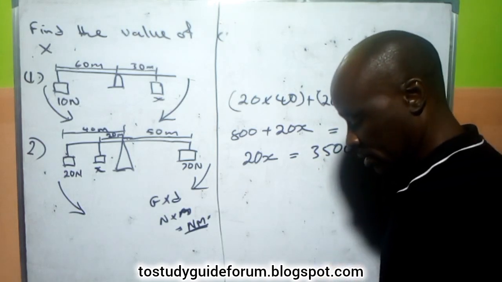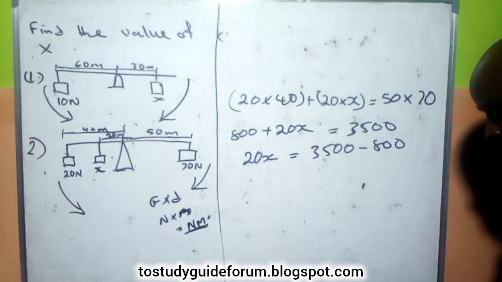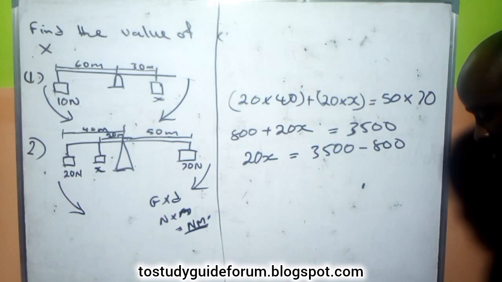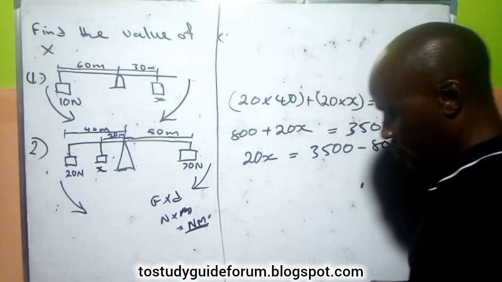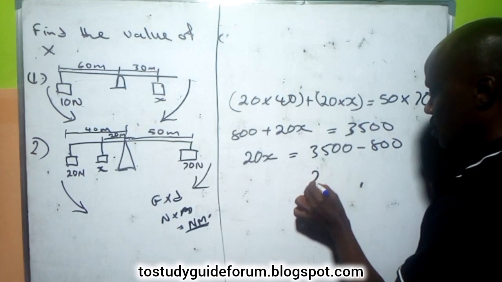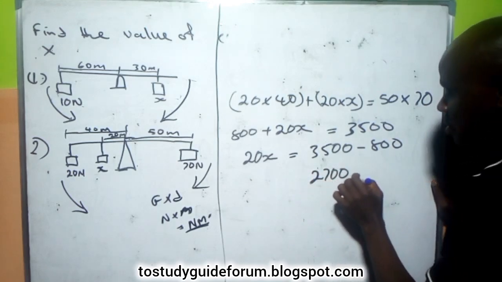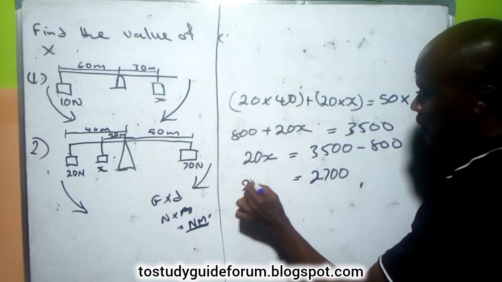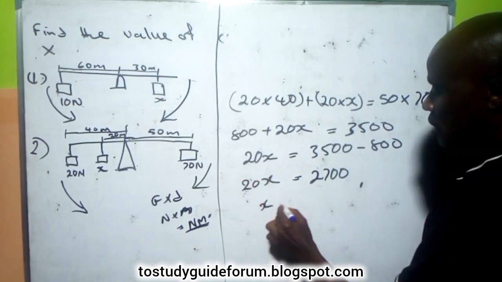So if we subtract the same thing here, 3,500 minus 800, what we have will be 2,700 equals 20x.